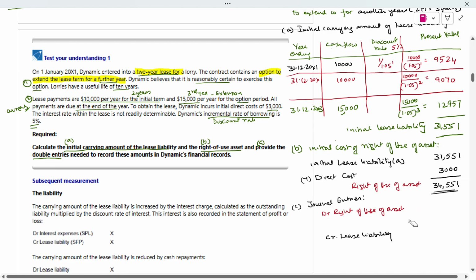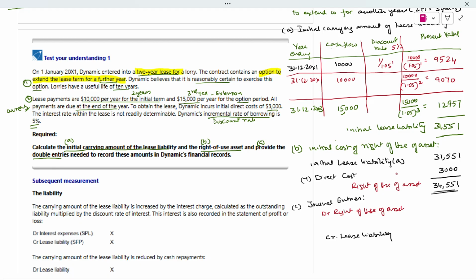One minute. We have to make, okay? Initial right of use of asset consists of two things, one is with respect to 31,551 and the second one is the direct cost.